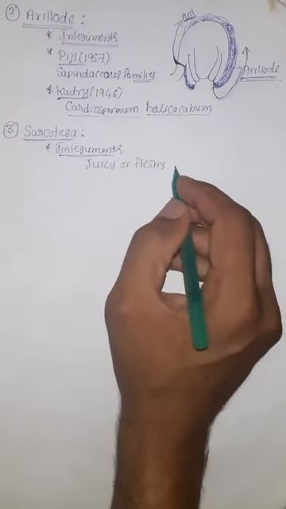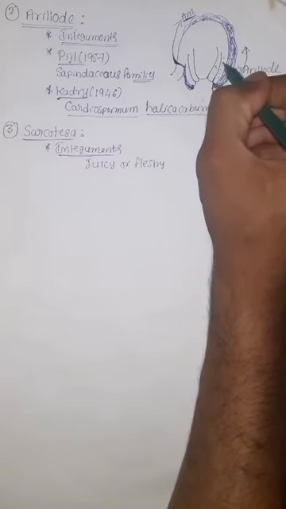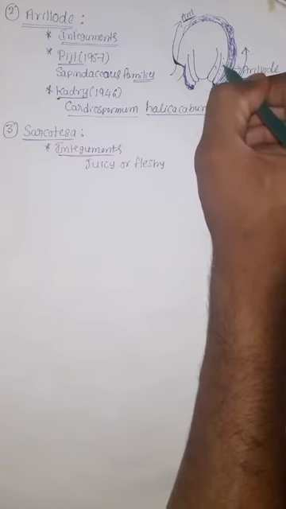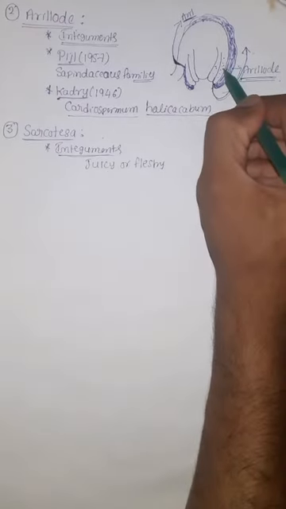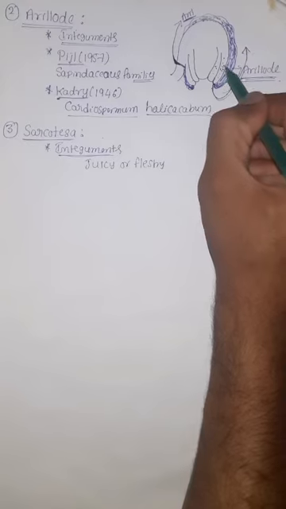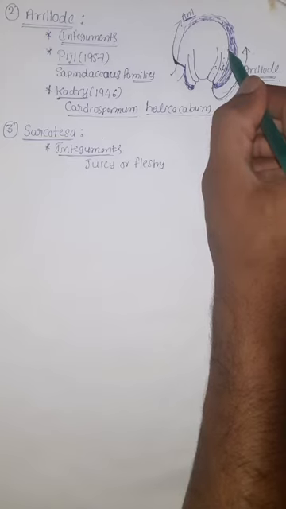The typical ovule consists of two integuments, inner and outer. In sarcotesta, the outer integument sometimes becomes juicy or fleshy, so that at maturity, after formation of the seed, the seed has a juicy outer layer.